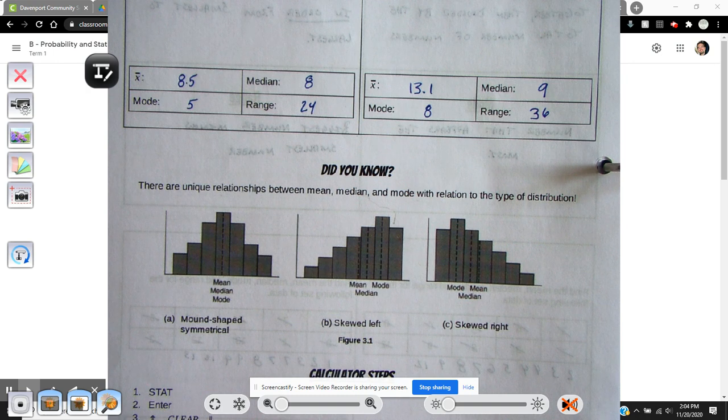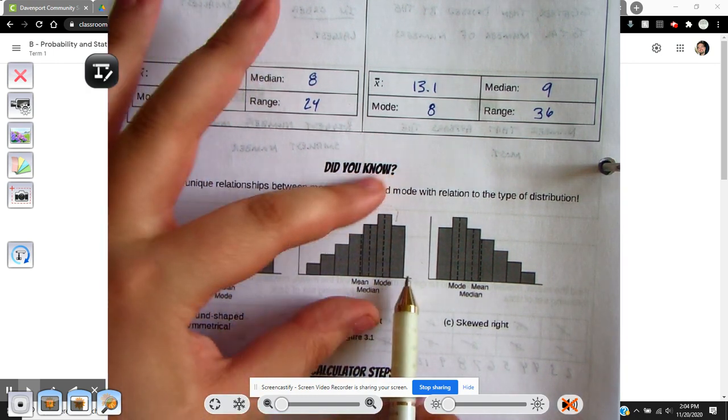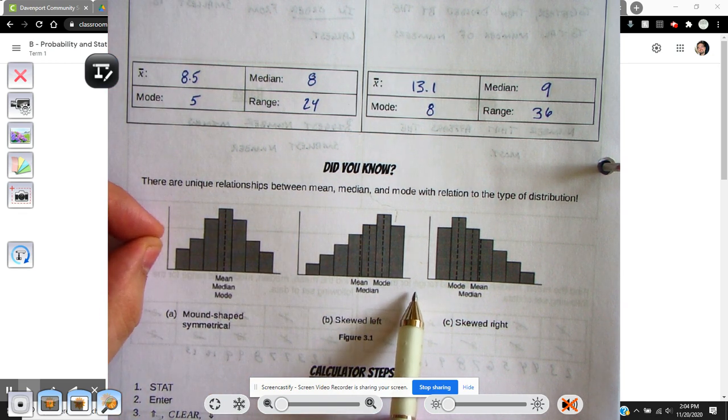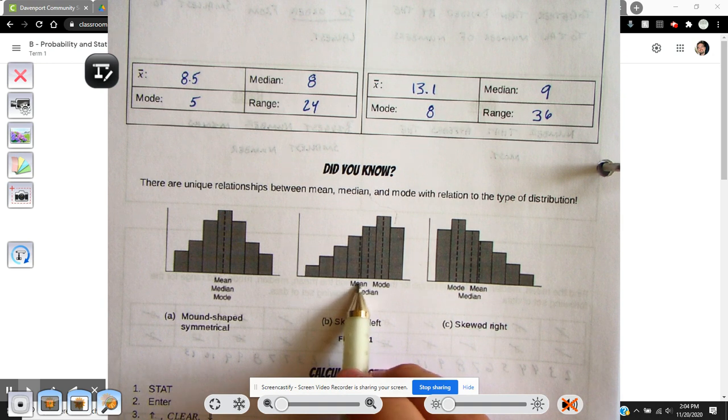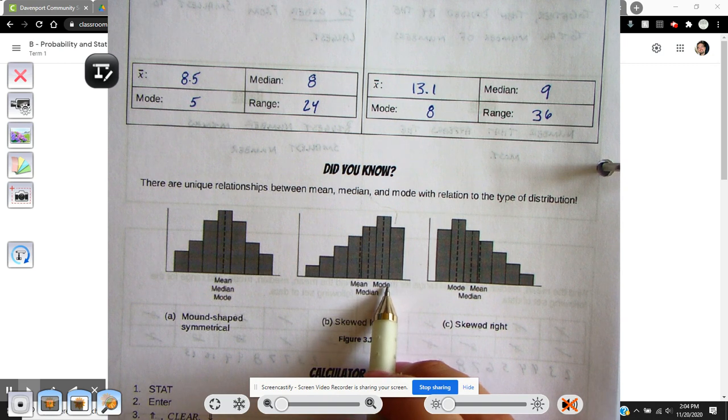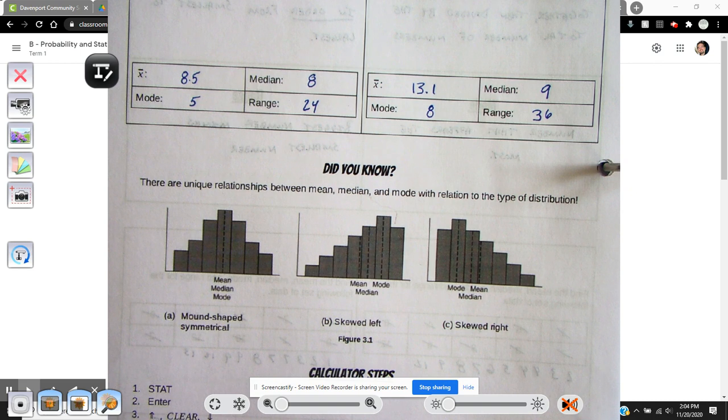However, if we have a skewed left, so the data is being pulled to the left, what happens is the mean is still in the middle of the graph in the pictures. The mode is in the highest column, and the median is between them.